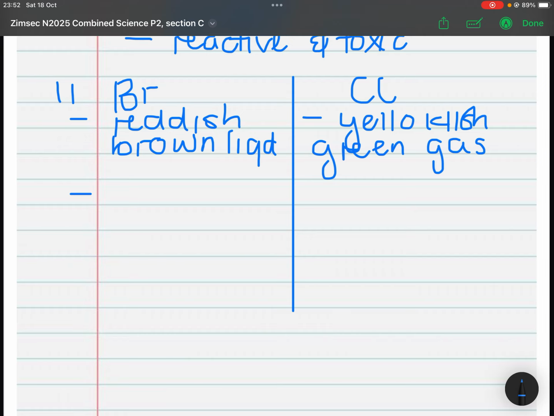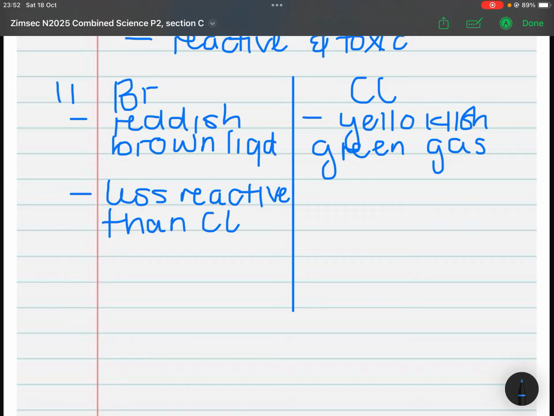And then another difference between bromine and chlorine, you need to know that the reactivity decreases as we move down the group. So it means that bromine is less reactive than chlorine, whilst chlorine is more reactive than bromine.